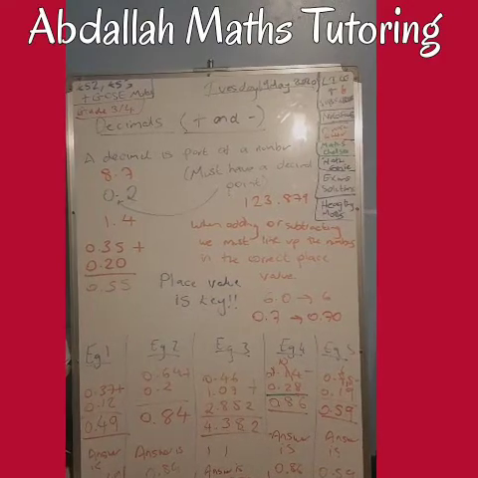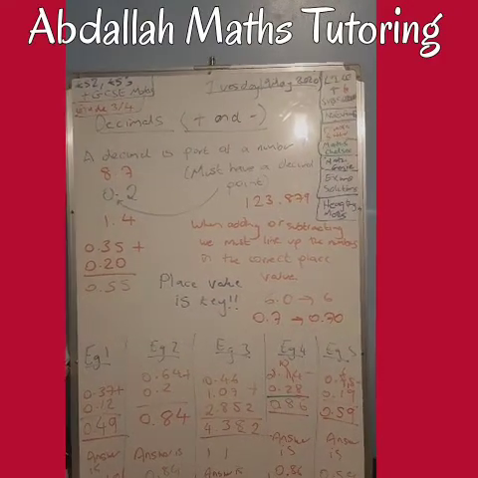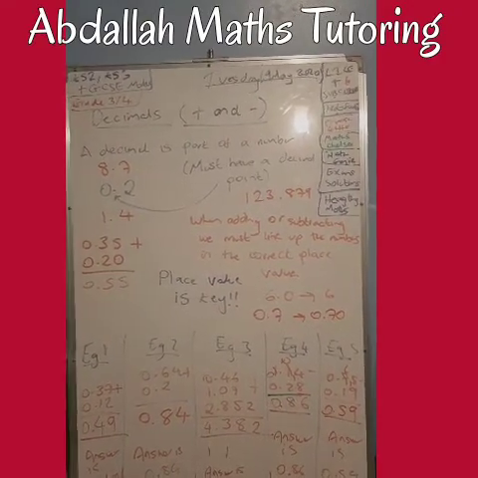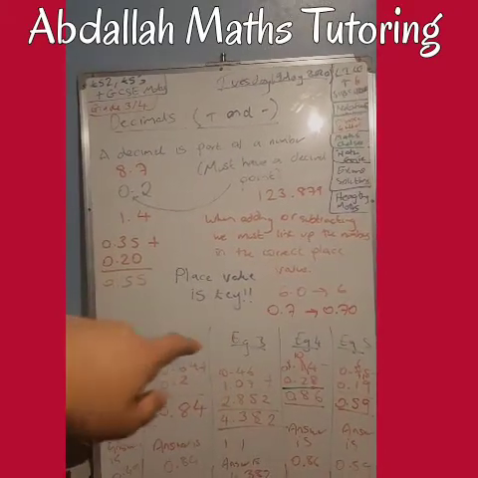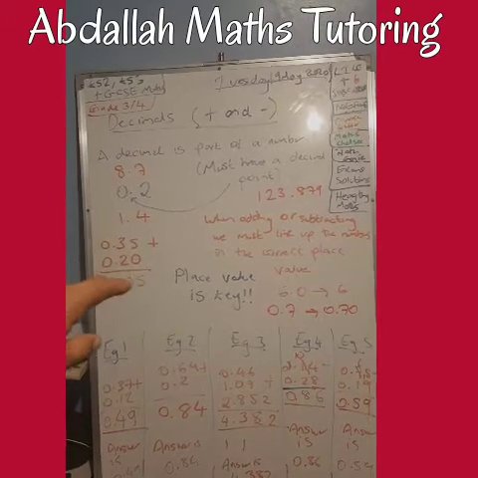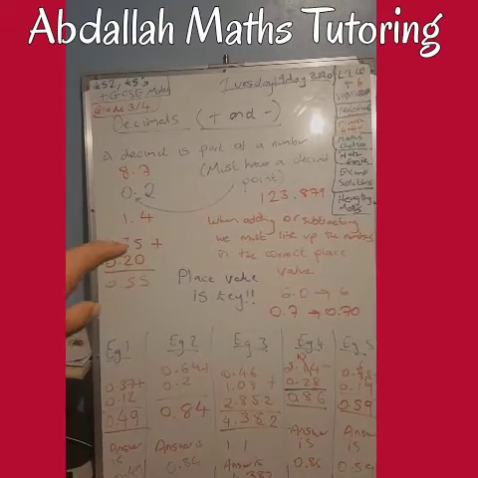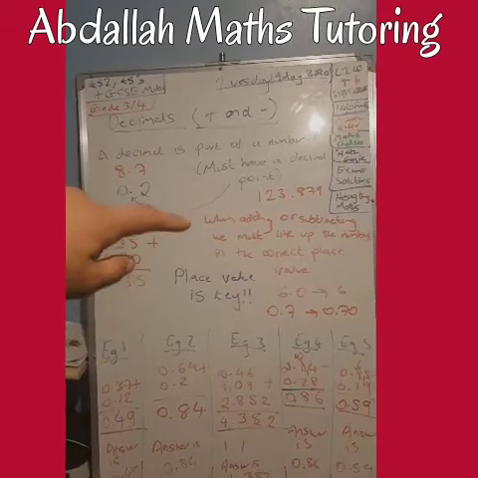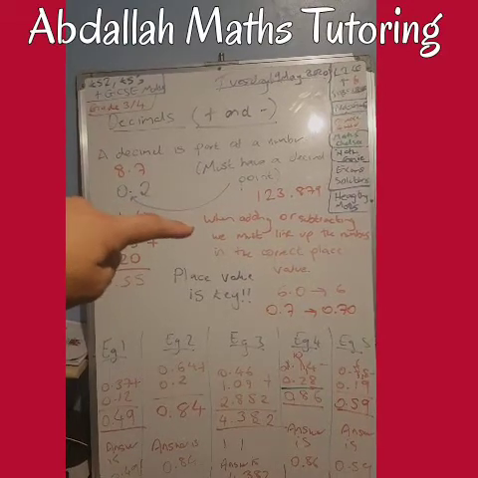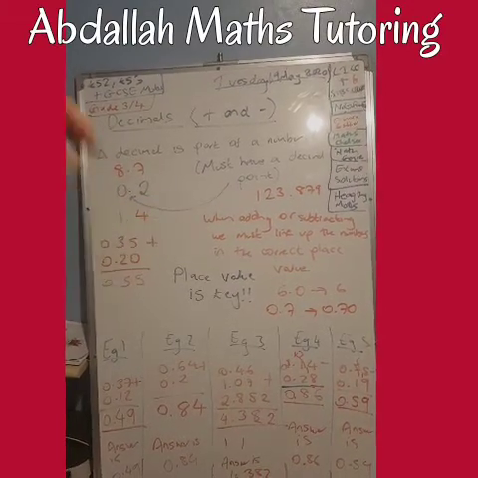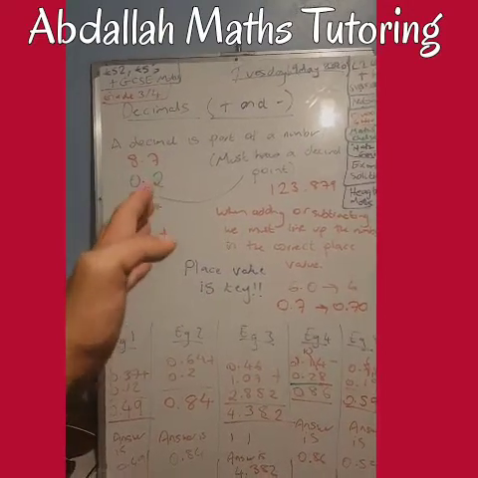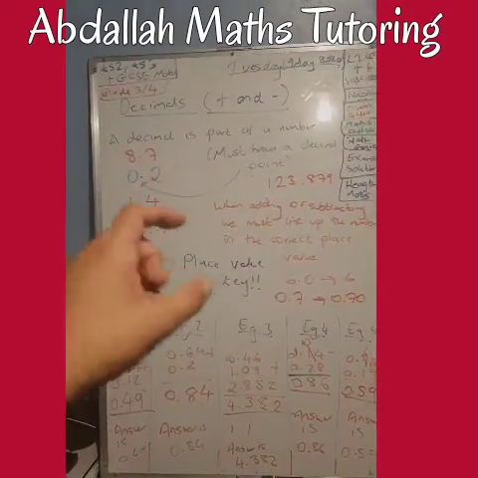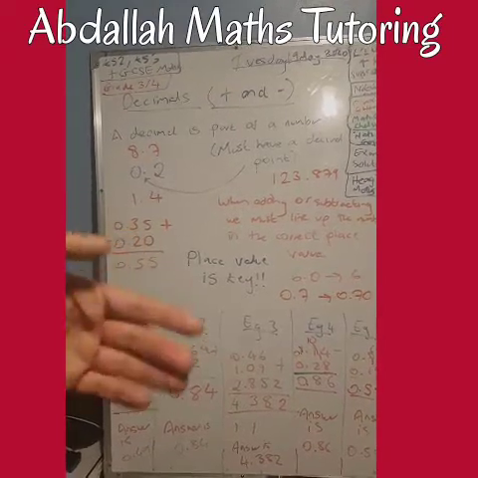So we were looking at how to add and subtract decimals. Before I move on to the 5 examples, if you look here, I've got 0.35 plus 0.20. When adding or subtracting, we must line up the numbers in the correct place value. Place value just means where the numbers appear within that number.